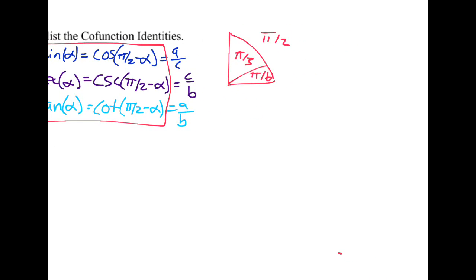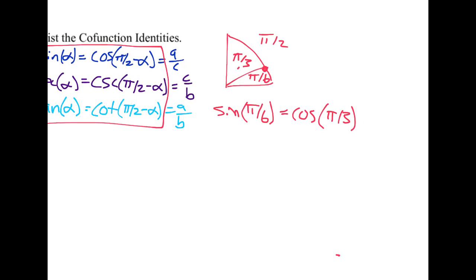That's why sine of pi over 6, which is 1/2, equals the cosine of pi over 3, also 1/2. Again, thinking about on the unit circle. The sine of that value right there is equal to the cosine of that value. They are complementary angles, and the complementary functions are equivalent.